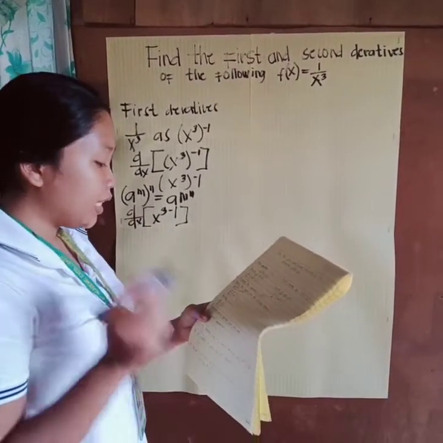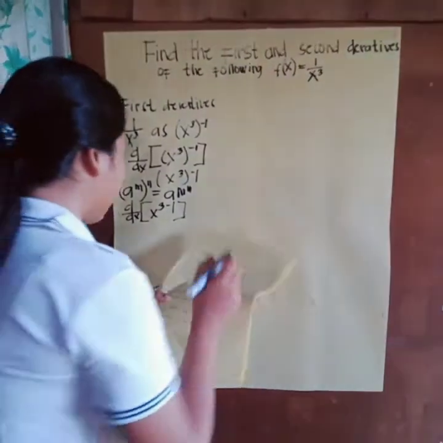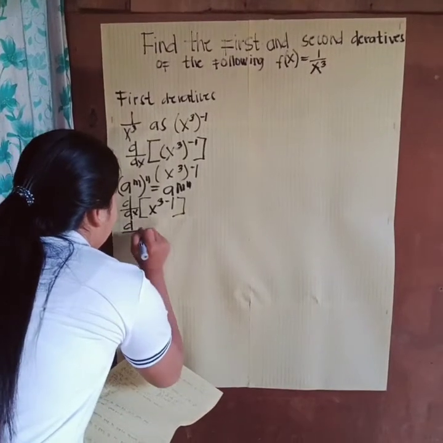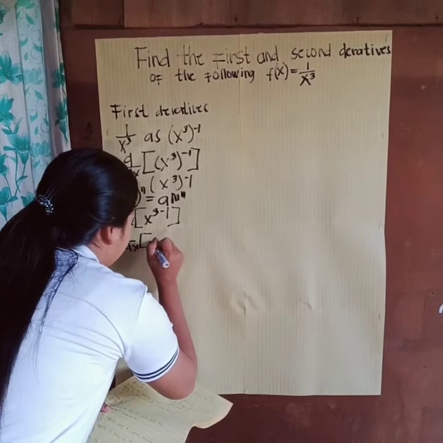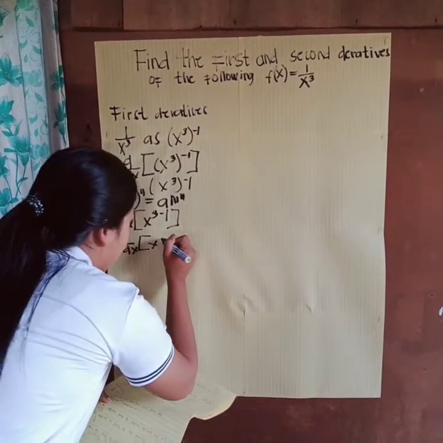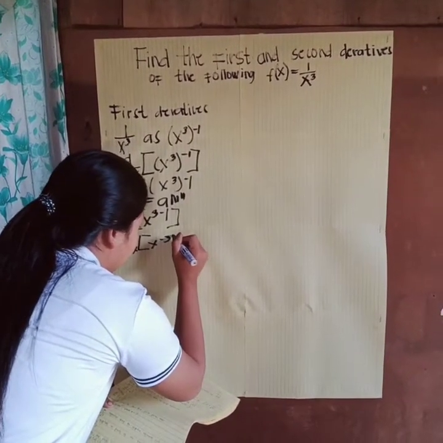Then multiply 3 by negative 1, so we get negative 3.